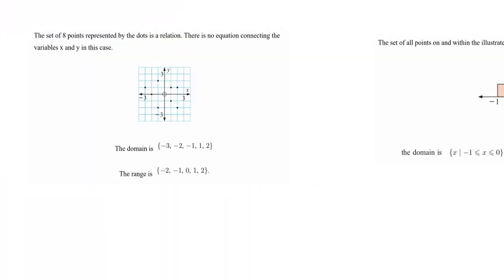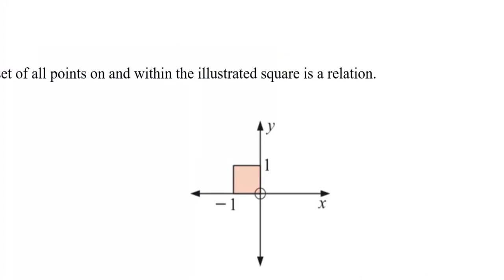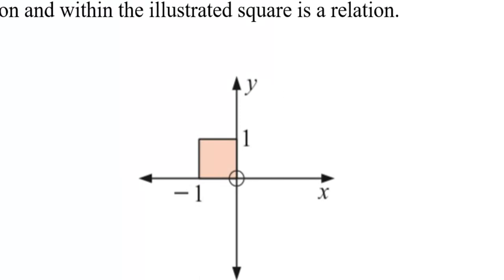Okay, let's increase the difficulty now and take a look at another function. So this one is a relation that is defined as all of the points in that square there. So how would I write that? Well, the domain is the points that are between -1 and 0 because they're the possible inputs, the possible x coordinates.